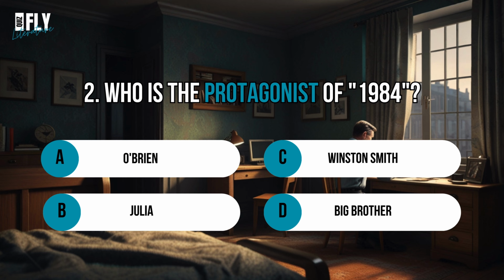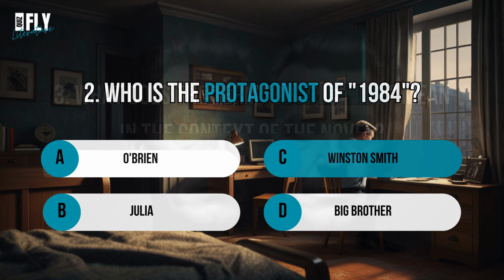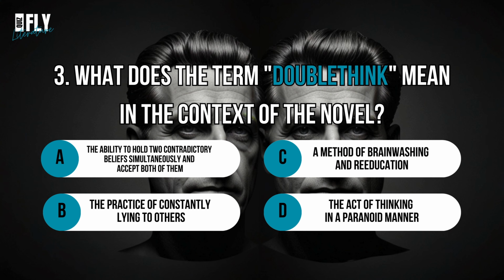Who is the protagonist of 1984? Winston Smith. What does the term doublethink mean in the context of the novel?